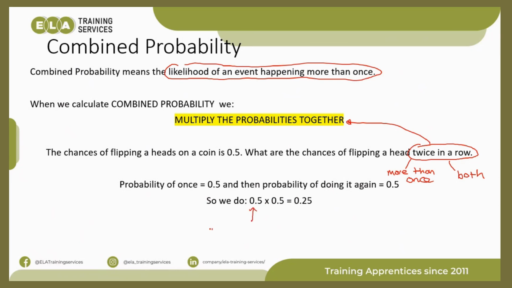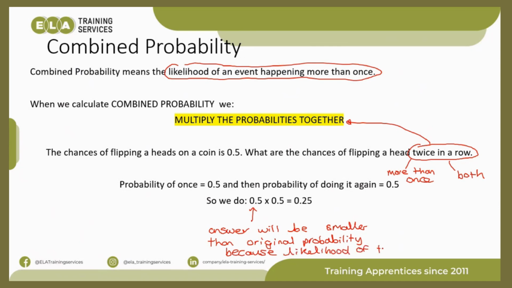And something to remember, your answer will always be smaller than the original probability, because the likelihood of things happening more than once is less than it happening once.